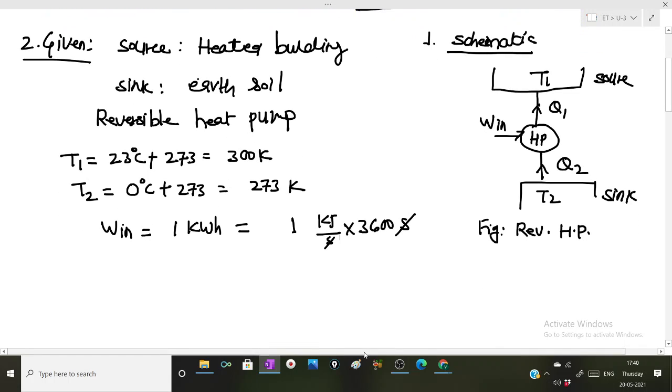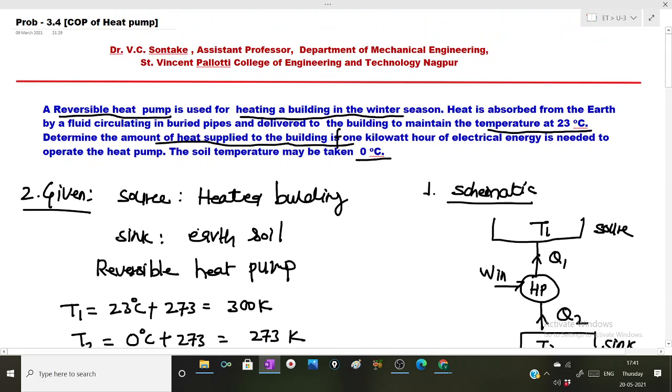So the work input to this reversible heat pump is nothing but 3600 kilojoule. Okay. So this is the information given to you.